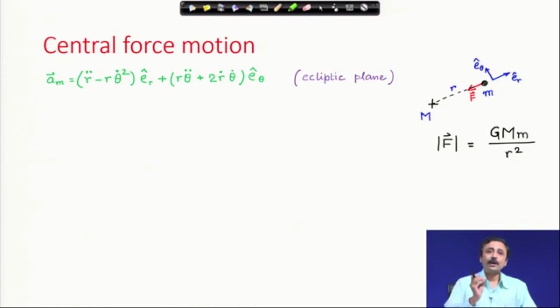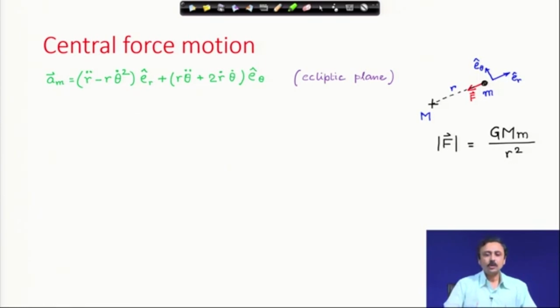Remember, these are treated as particles, and there is no other influence of other planets or other particles in the neighborhood. In that case, the motion of the moving particle will be on a plane.